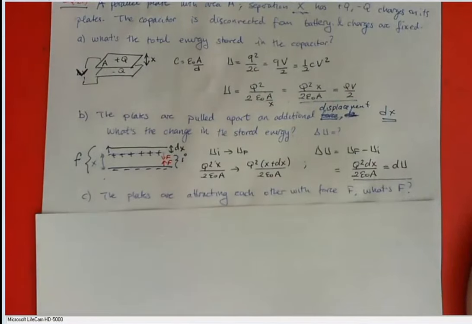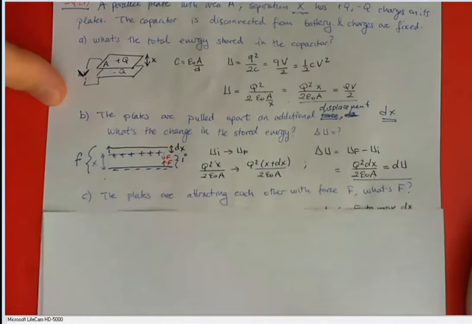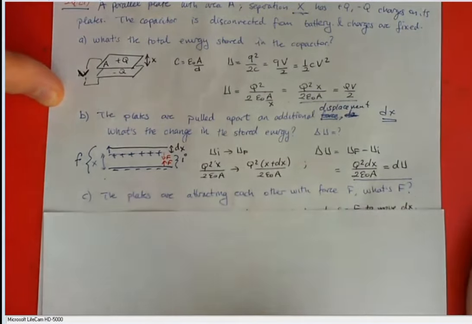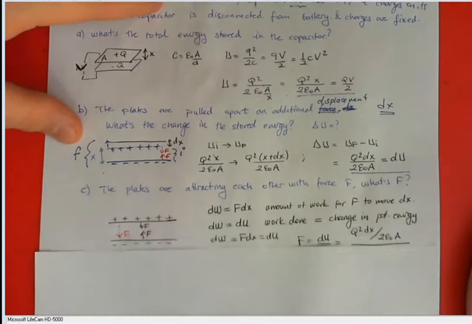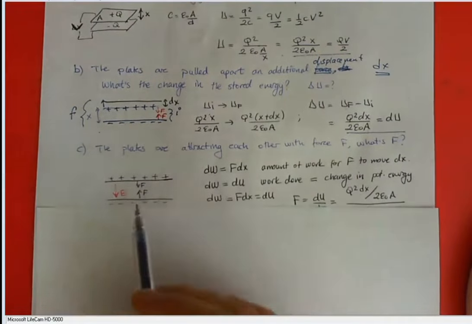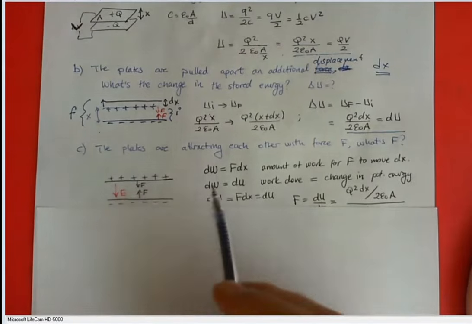The plus attracts the negative part. So positive attracts the negative, so there will always be a force between the plates. And what is that force? We're going to see that, and so these are the forces.